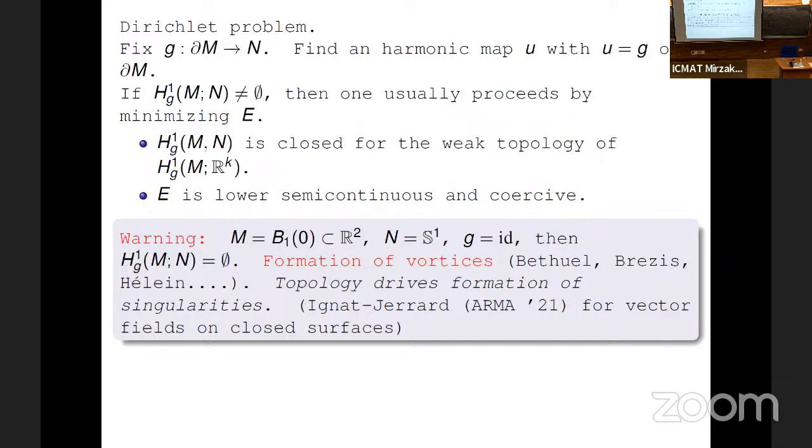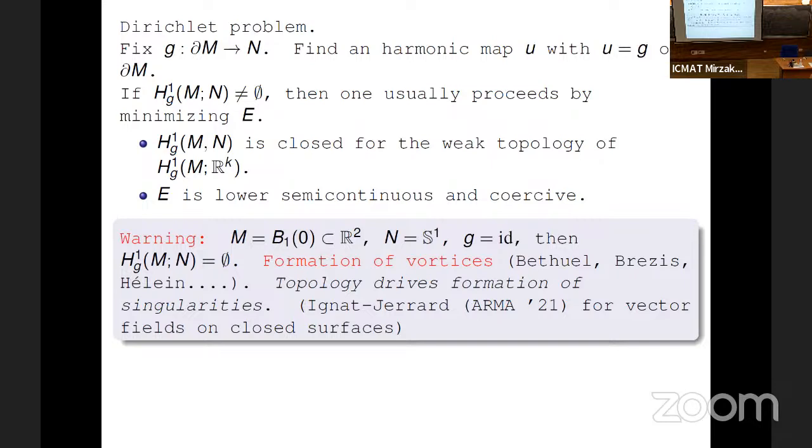And this analysis has been pushed quite recently by Radu Ignat and Bob Gerard to the case of vector fields. So you are now taking a closed manifold with some Euler characteristic. Here the topology is described by the Euler characteristic, and you want to understand what happens for vector fields.